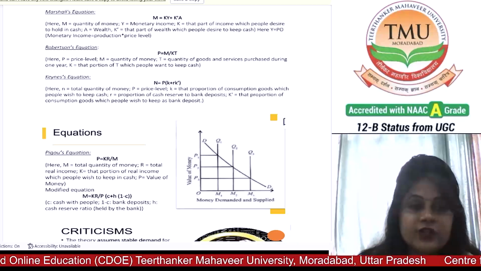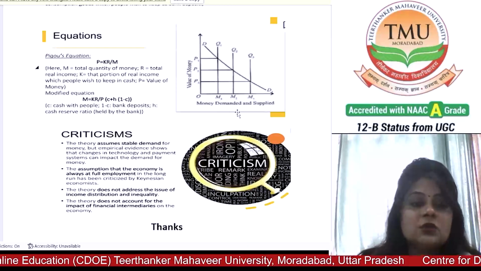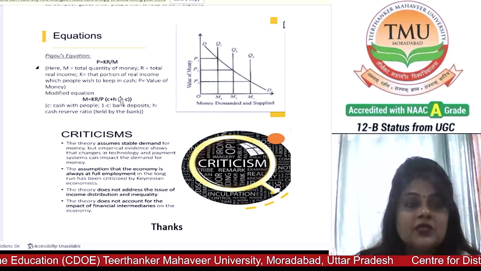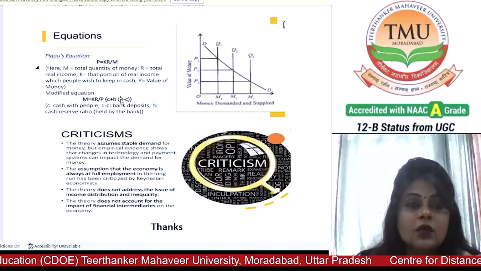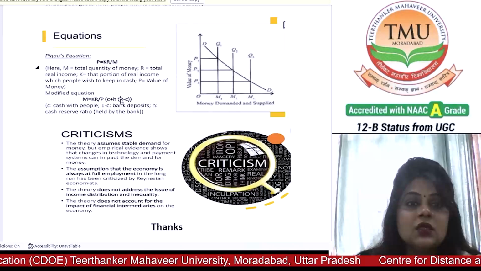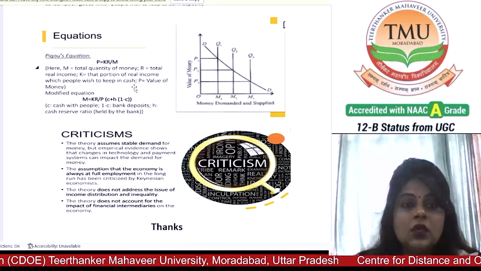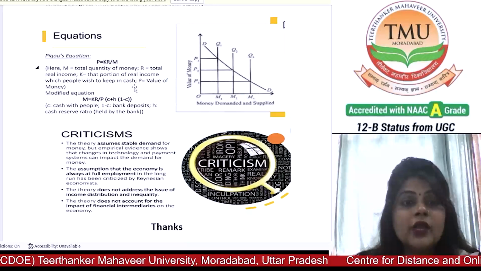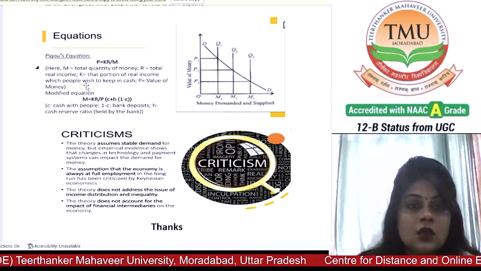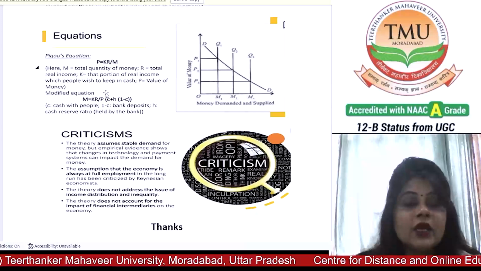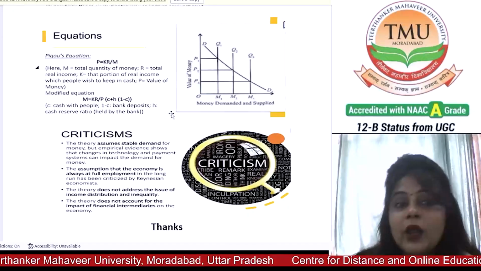And Pigou's equations. Pigou says P is equal to KR upon M, where M is the total quantity of money, R is the total real income, K is that portion of real income which people wish to keep in cash, and P is the value of money.